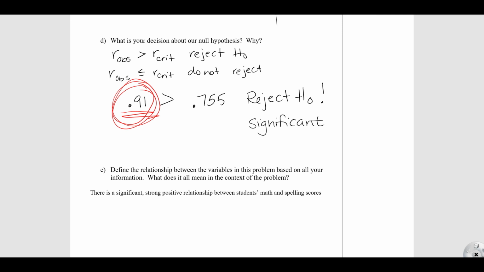And then this next part has to do with what we call APA style, American Psychological Association style, for reporting results. So we would do comma, r in italics for correlation. In parentheses, we are going to do the degrees of freedom.